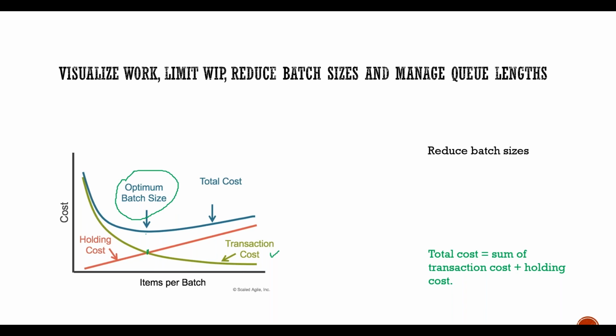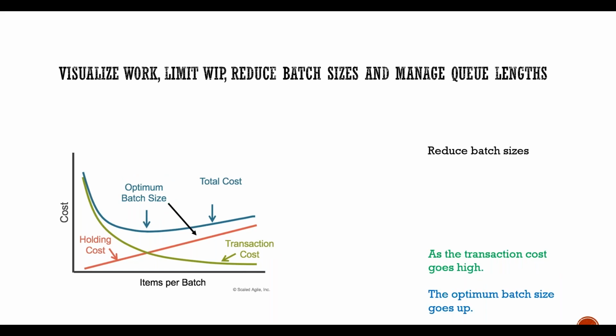And the blue line indicates your optimum batch size, right? Now let us see the green line. The green line is your transaction cost. Let us move this green line up a little bit. I'm just going to play this once again. Can you see this green line moving up?